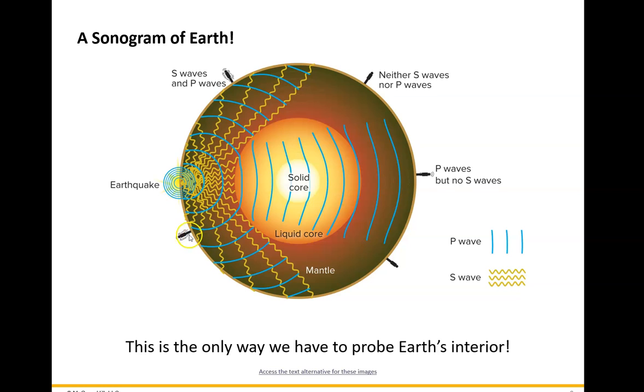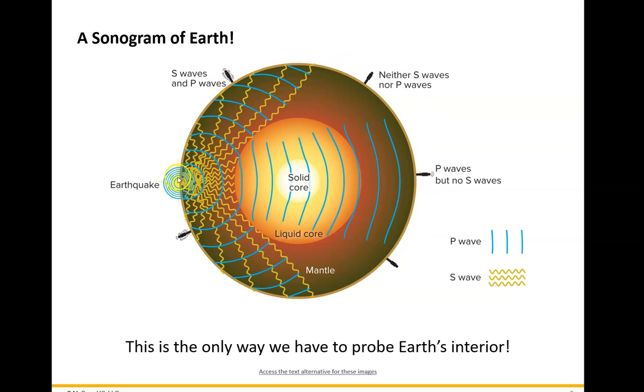Okay, so now, we've been studying earthquake waves for over 100 years. Well, I think it's been 100 years. It's really close to being 100 years, at any rate. We now, of course, have detectors all over the planet.